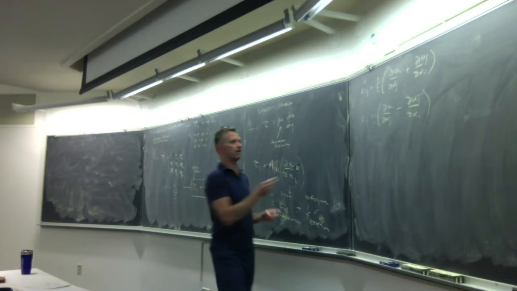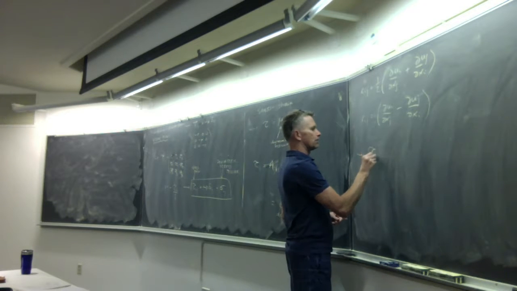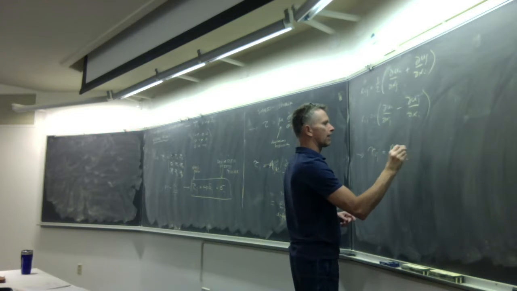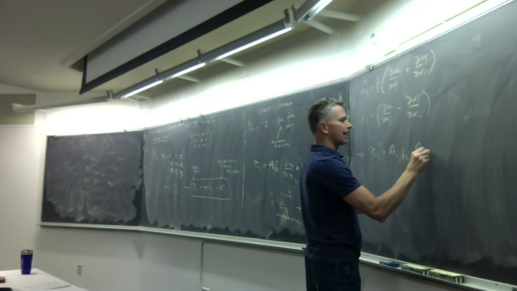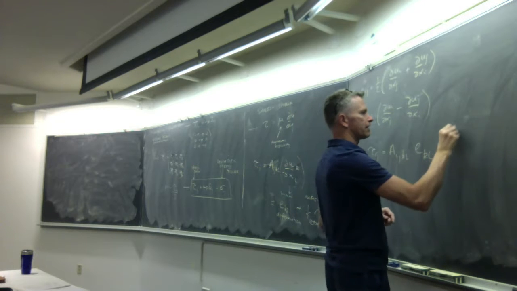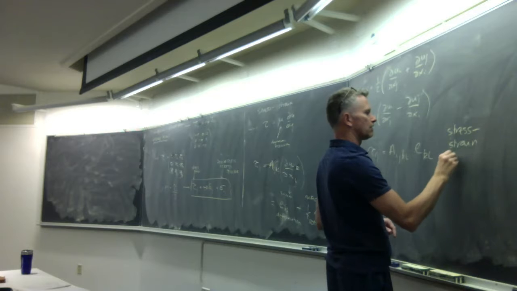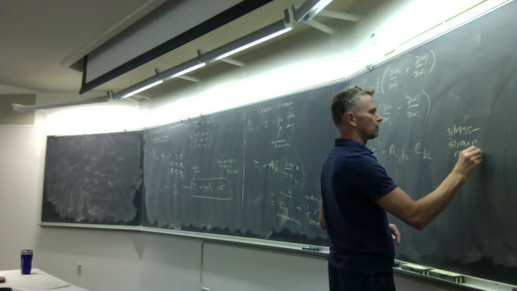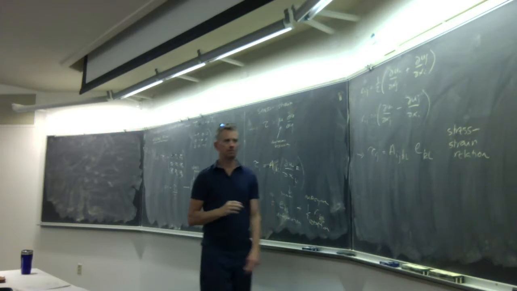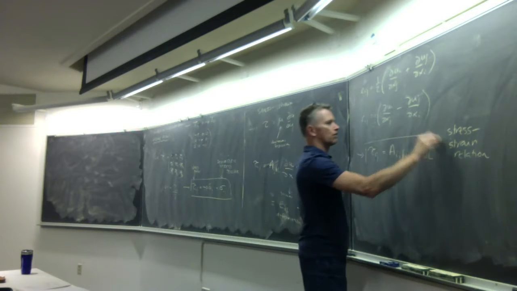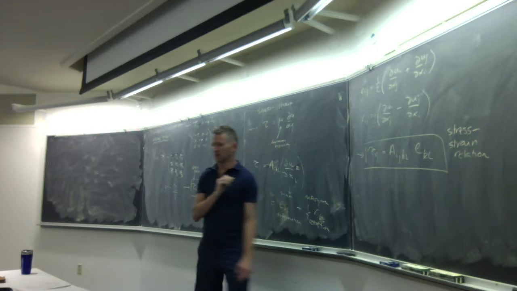So actually what we're interested in is the relationship between tau ij, which still has all these indices, ij, kl, and ekl. This is a stress-strain relationship. So that's actually what we're going to try and figure out.